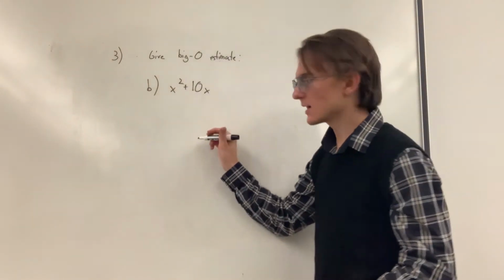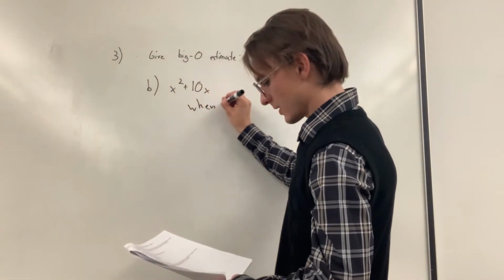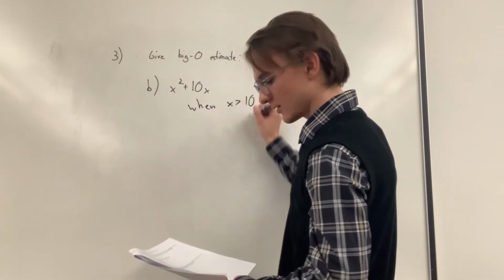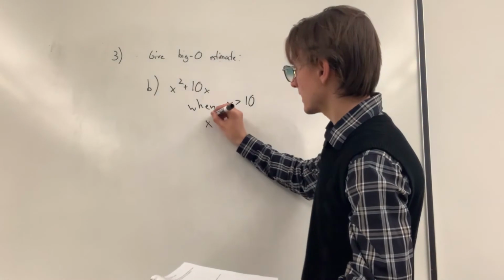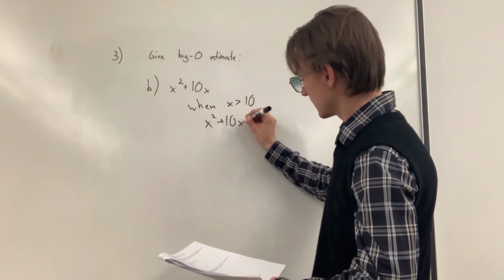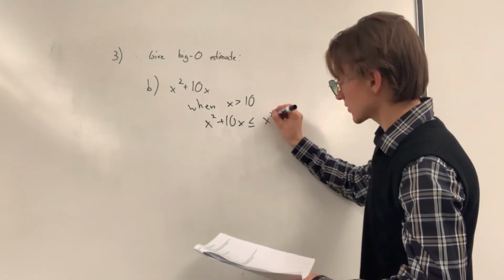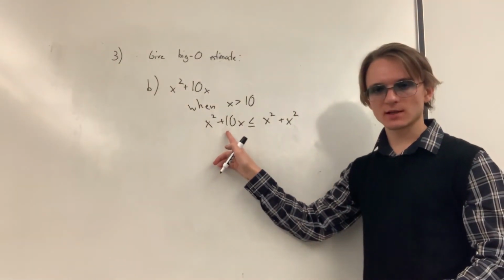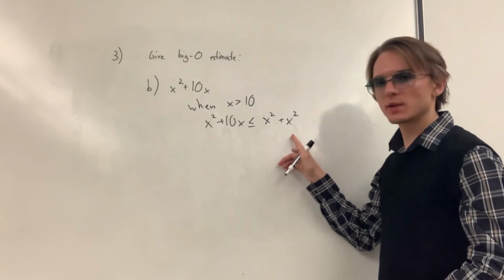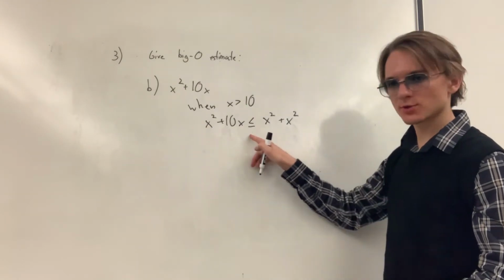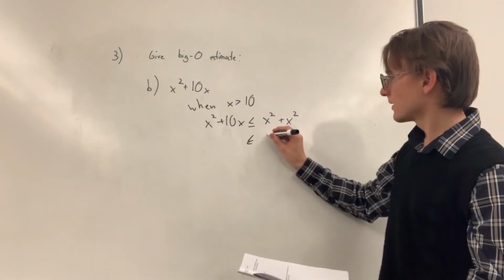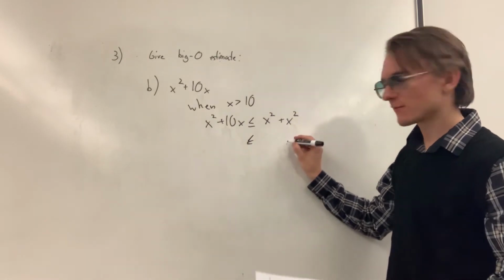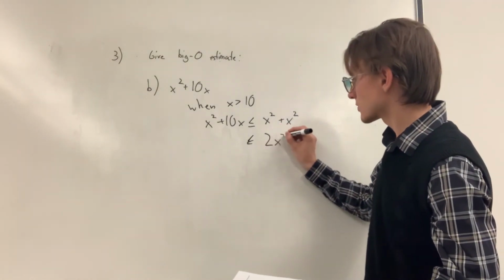Now x squared plus 10x. When x is greater than 10, we know that the following holds true. x squared plus 10x is less than or equal to x squared plus x squared. We simply increase the growth rate of one of these elements, 10x, to become x squared, and we know this holds true. So x squared plus x squared is equal to 2x squared.